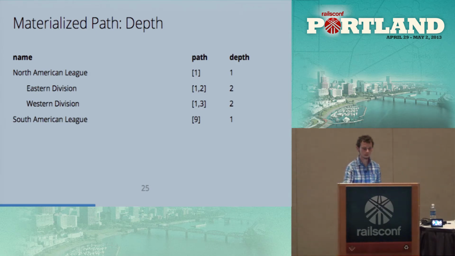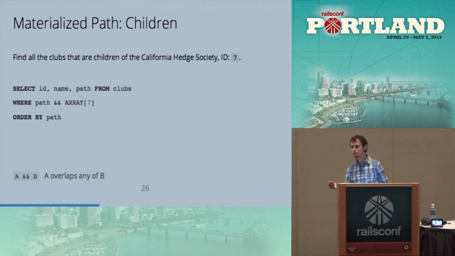So I also said that we would want to be able to find the children of a club. To find the children of a record with a materialized path, you just need to look for all of the records who have that record's ID in their materialized path.